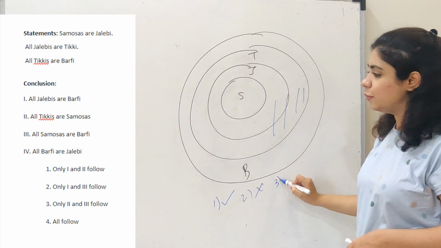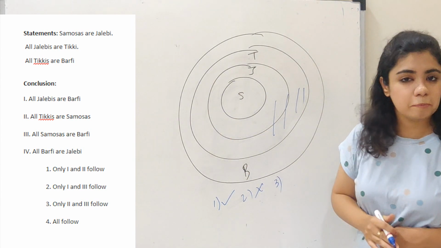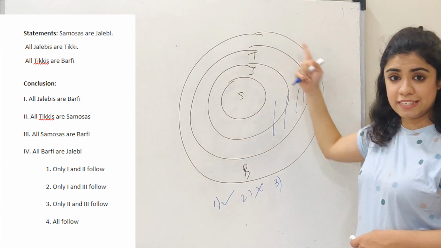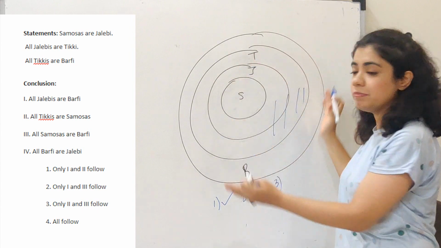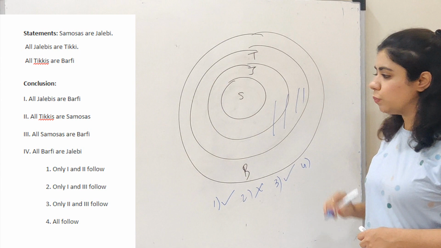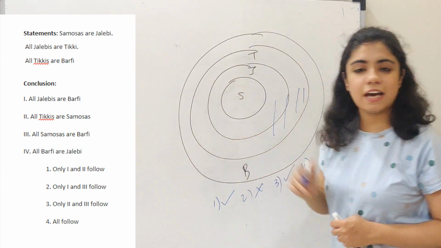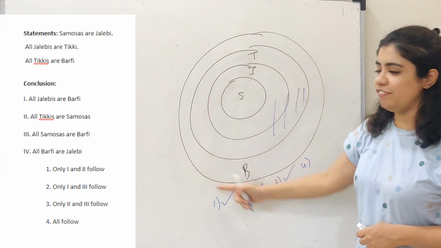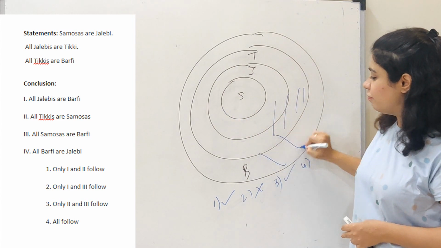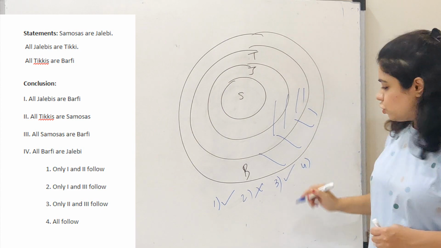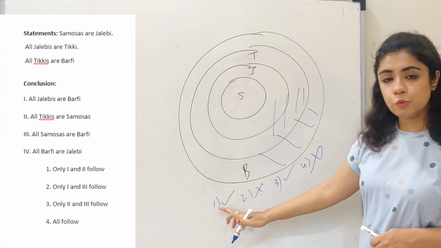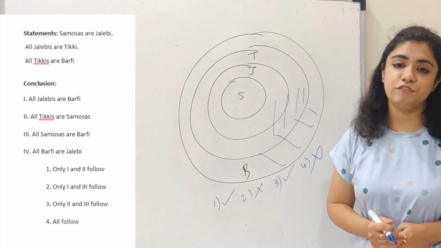Now the third one, all samosas are barfi. Yes, the complete samosas come inside barfi. So this is correct. And the fourth one, all barfis are jalebis. All barfis are not jalebis. Jalebis is inside. So this part of barfi is not jalebi. So this is definitely wrong. So your answer will be only conclusions 1 and 3 follow.